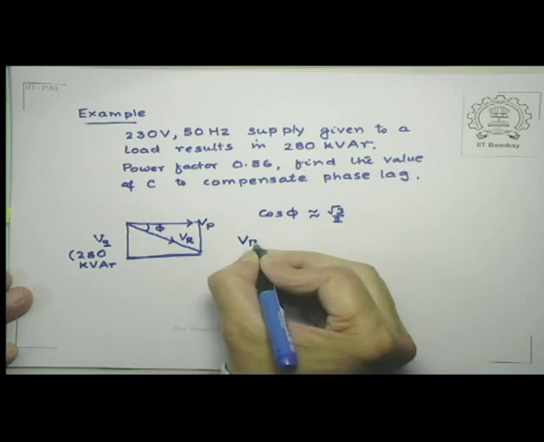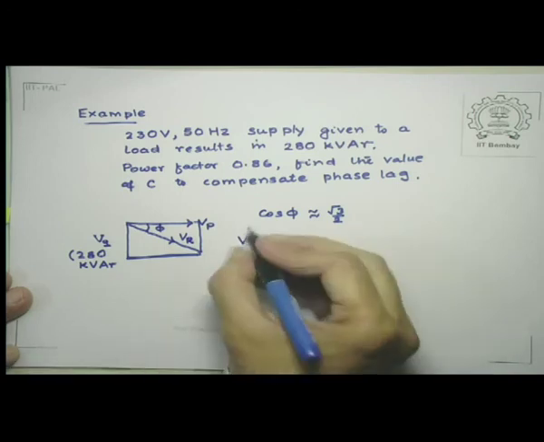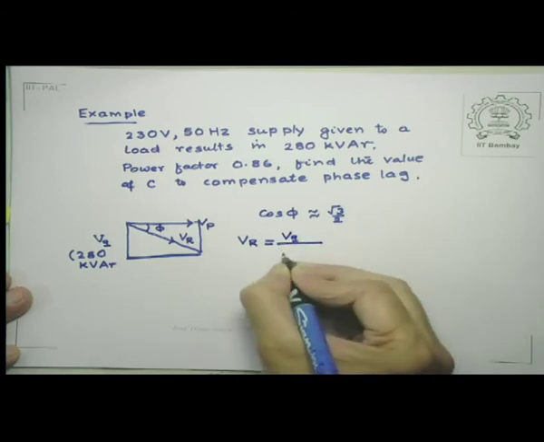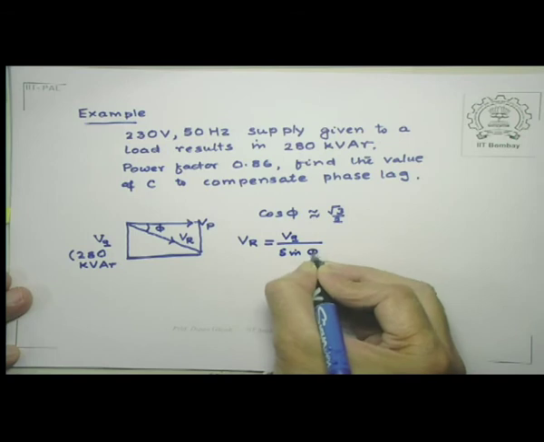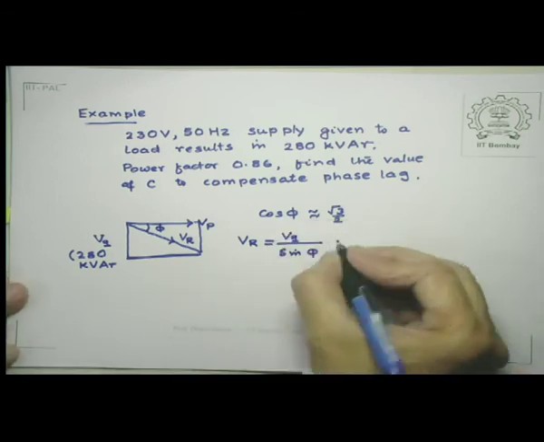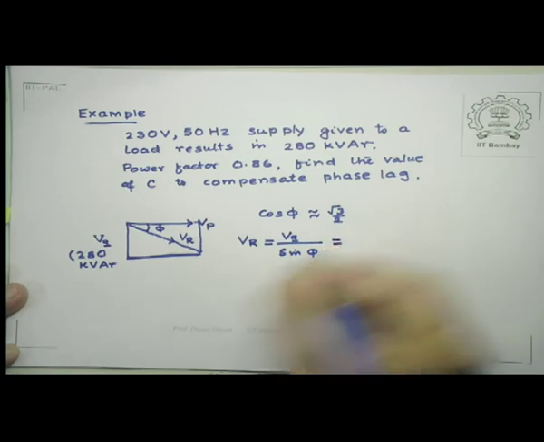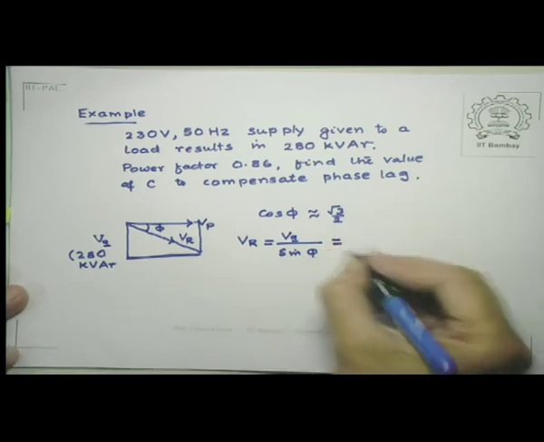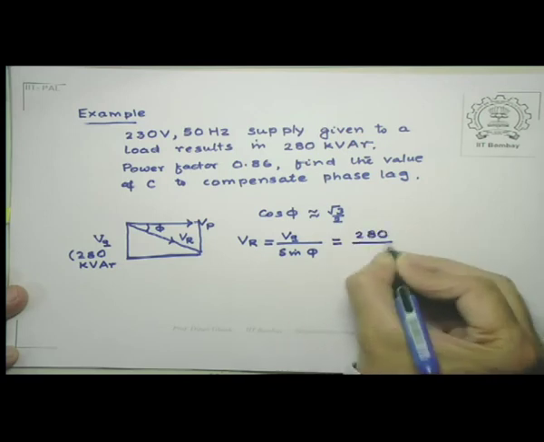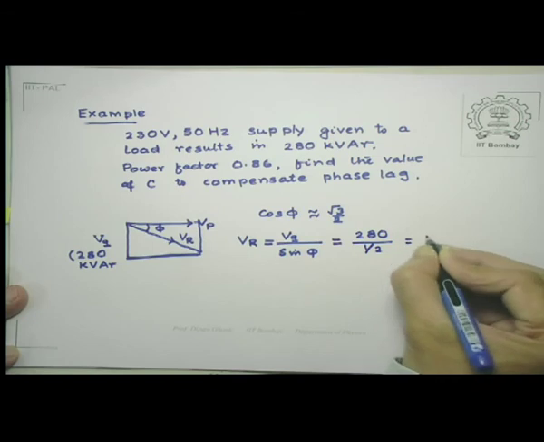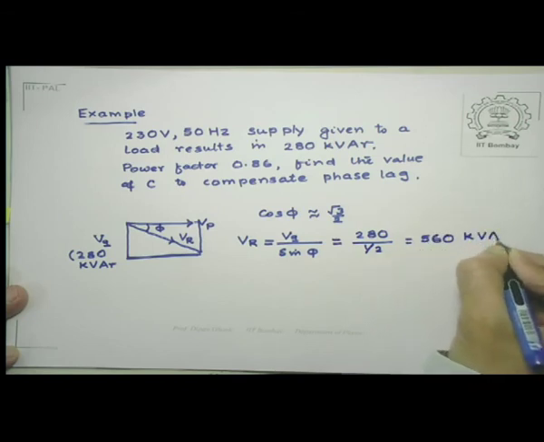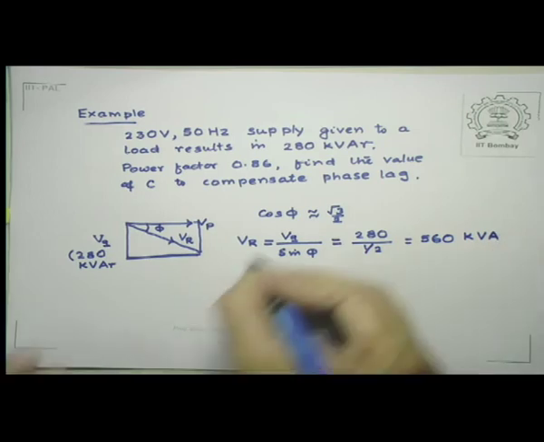So my apparent power Vr is Vq divided by sin phi, and since cos phi is root 3 by 2, sin phi is half. So this is equal to 280, which is what is given for Vq, divided by half, which is equal to 560. Remember the units, it's kilovolt amperes. This is the apparent power.